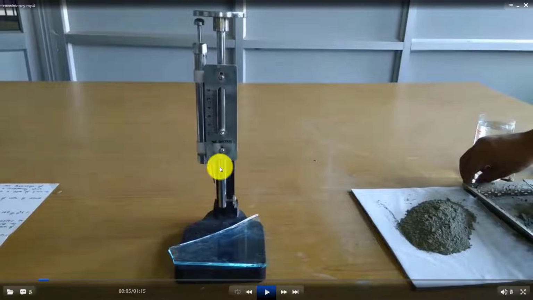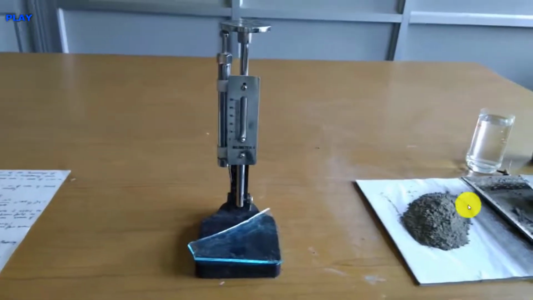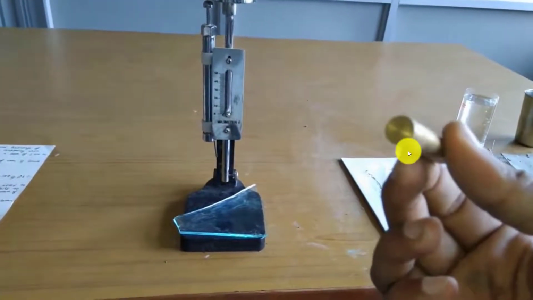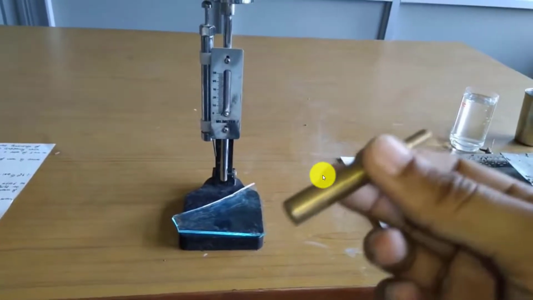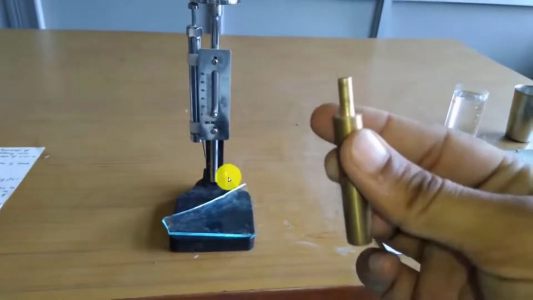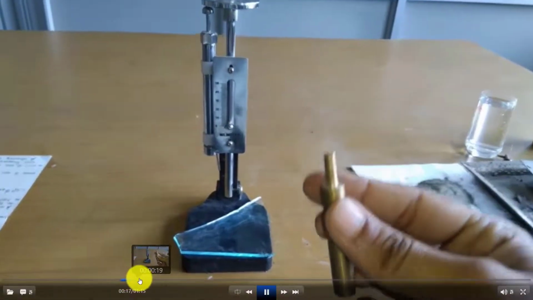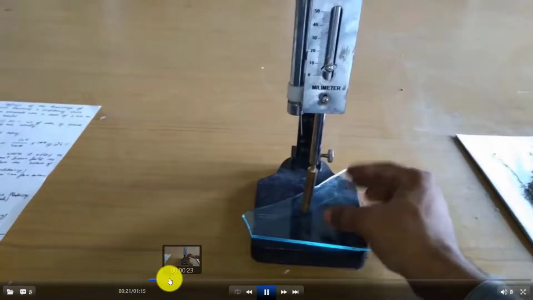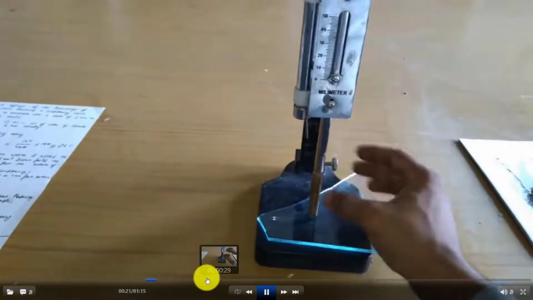You attach the plunger over here. The plunger has a diameter of 10 mm and a length of 50 mm. You just put it in and tighten the screw so that your plunger is ready for penetration.